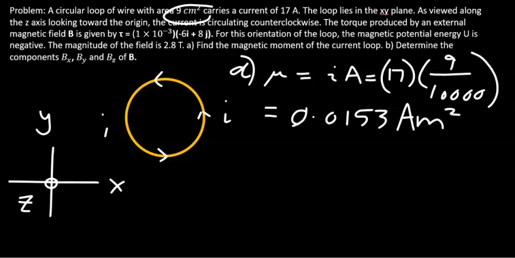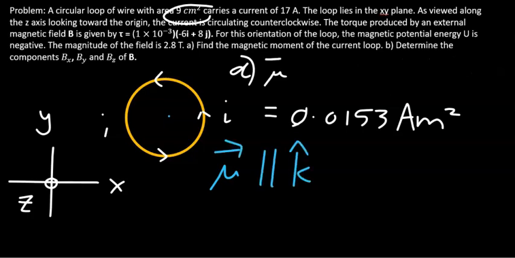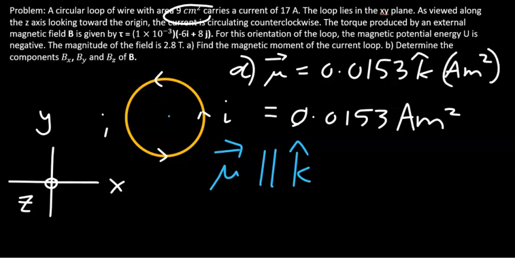The direction of this magnetic moment using the right-hand rule that we talked about earlier is coming out of the board. So the direction of it is parallel to k hat. So we can write the magnetic moment in vector notation as follows: 0.0153 k hat ampere meter squared.